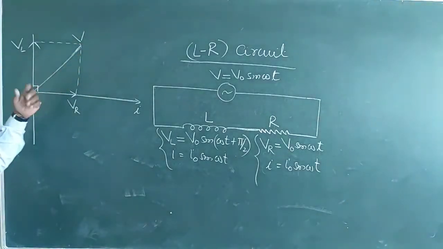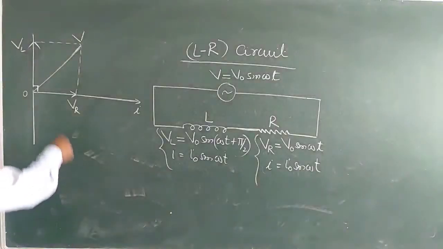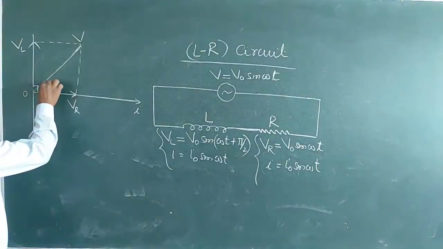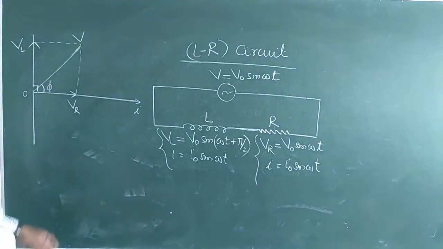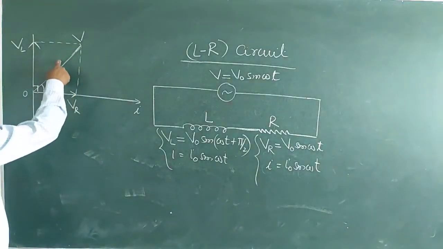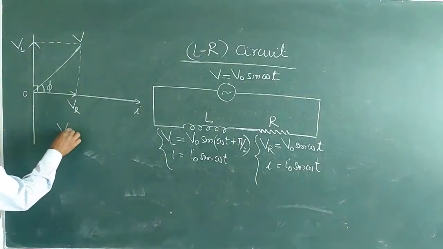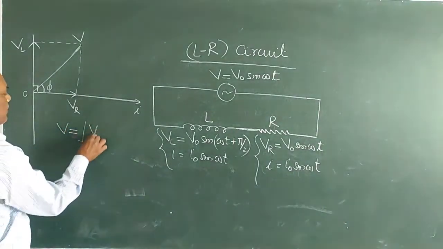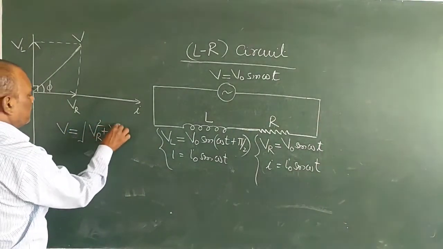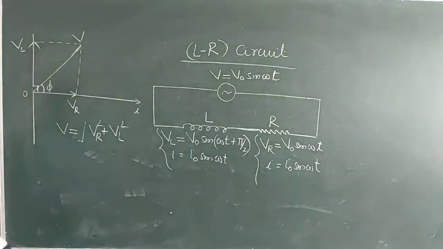If we follow the vector laws, let us suppose this angle is phi, then what will be the value of V? This V will be equal to under root VR square plus VL square.